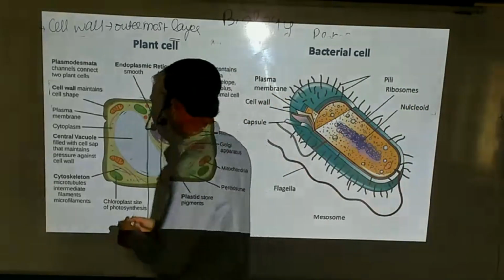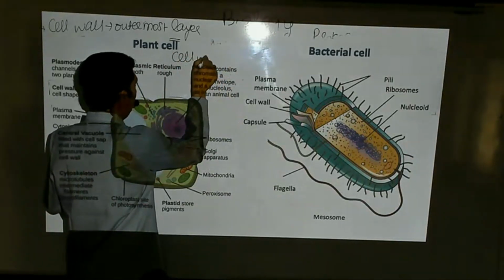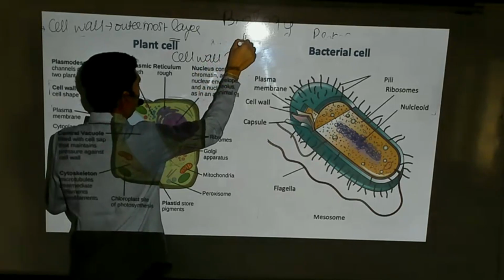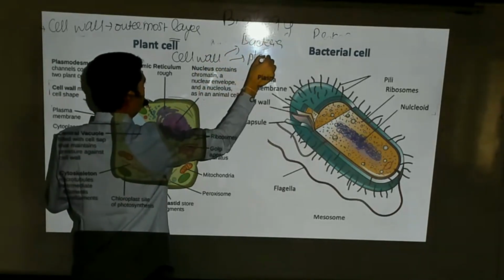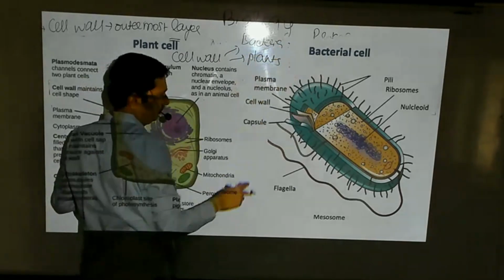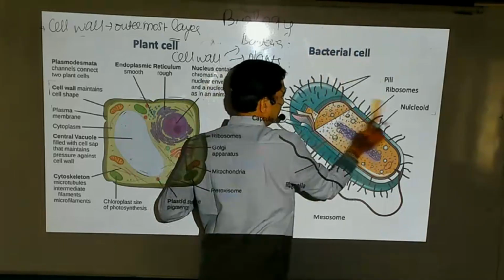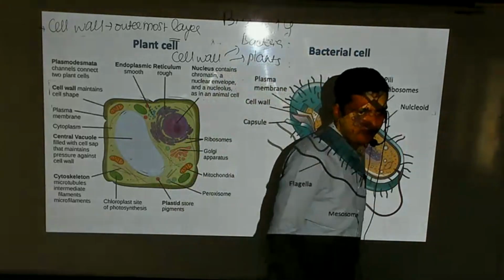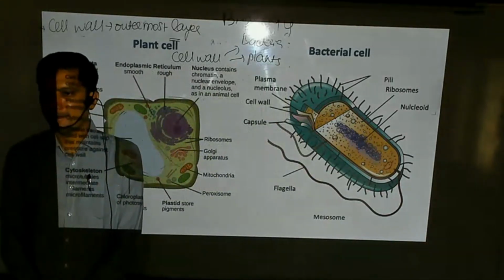Is the cell wall in plants and the cell wall in bacteria the same? Are they made up of the same thing? What do you say? No? What is it made up of?